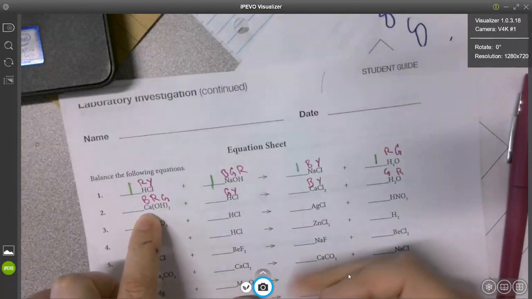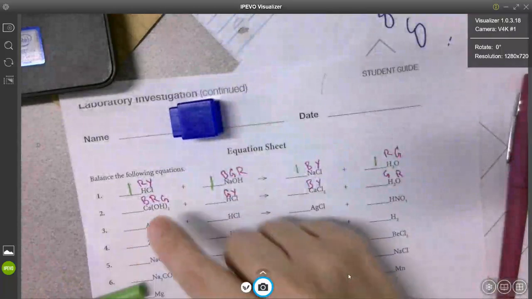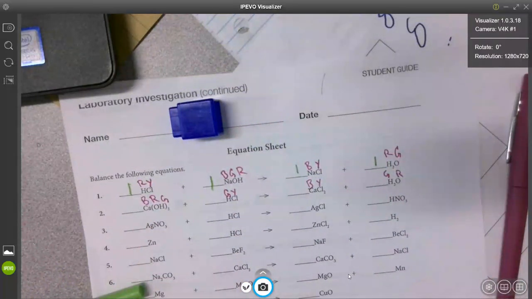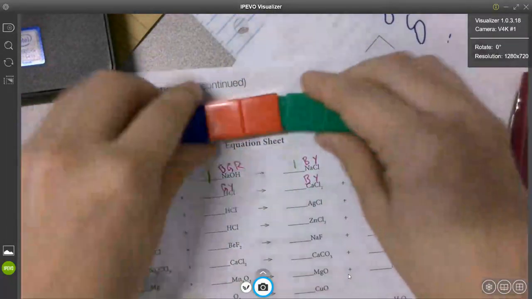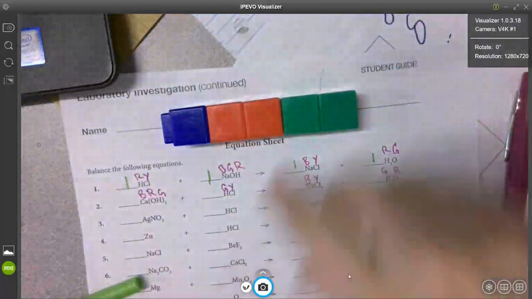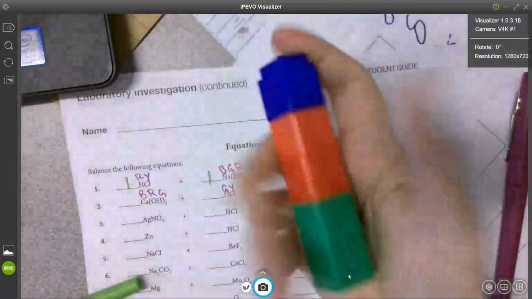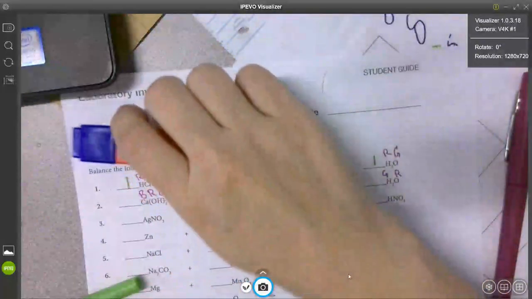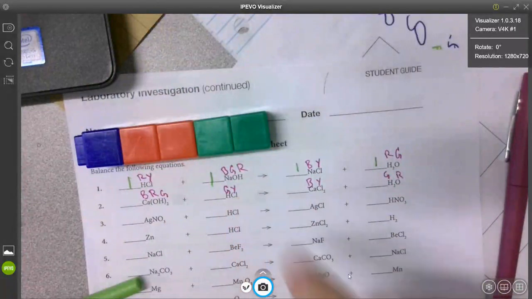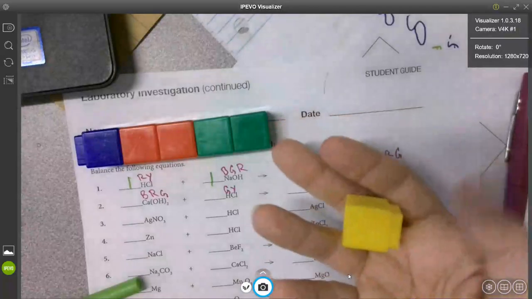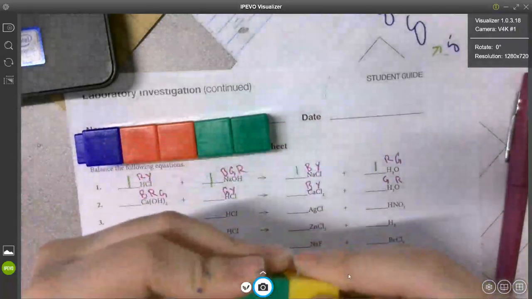First compound, I have 1 calcium, 2 oxygens, so 2 reds, and 2 hydrogens. So that's going to be green. So this is 1 molecule of calcium hydroxide. HCl, 1 hydrogen, 1 chlorine. So 1 yellow, 1 green.